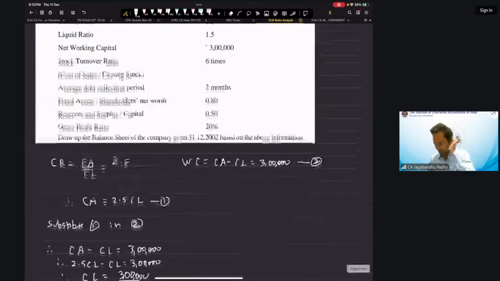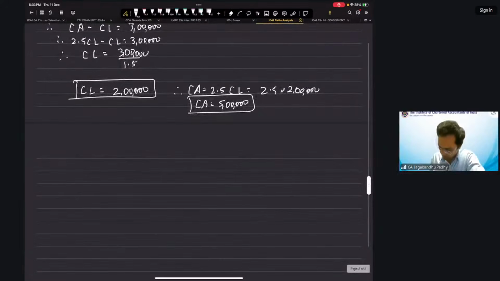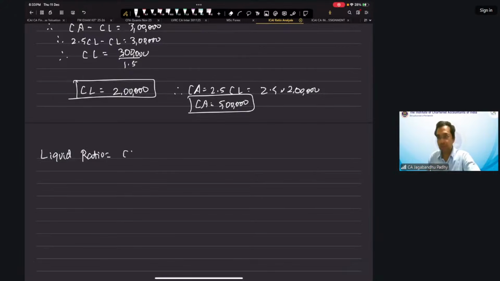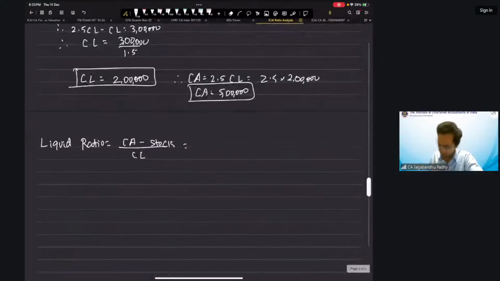Now we will use the liquid ratio to arrive at the stock figure. Liquid ratio is current asset minus stock upon current liability, and this liquid ratio is 1.5.